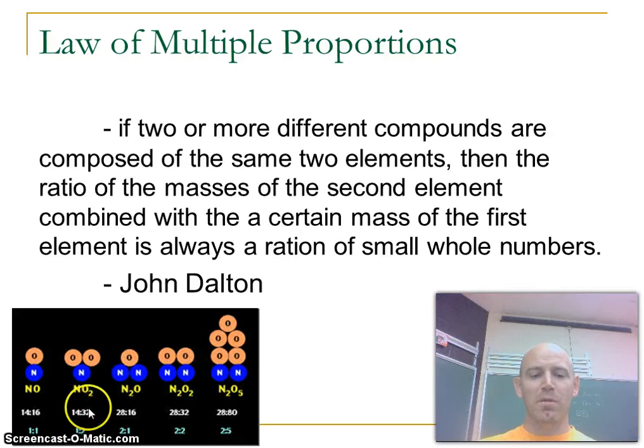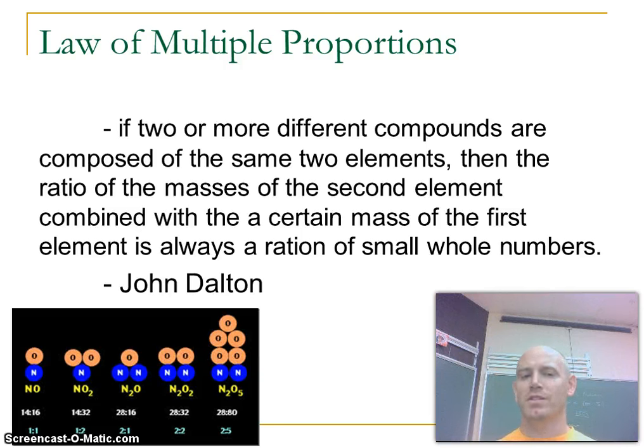It'll always be a multiple of that ratio. It'll always be a whole number multiple. So you can have 2 to 1, or 1 to 2, or 2 to 2, or 2 to 5. But it's always a whole number multiple. And again, what Dalton doesn't know at this point is that it's because of chemical formulas, that these atoms are coming together in small whole numbers.